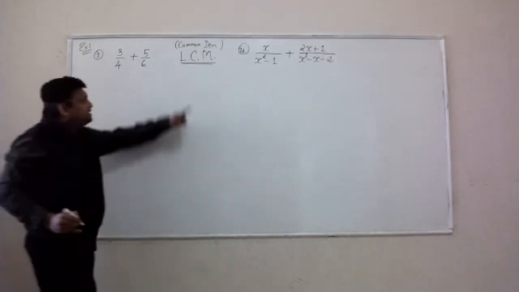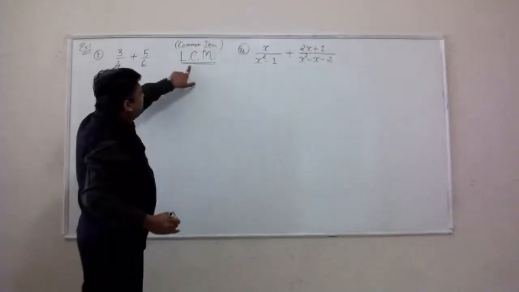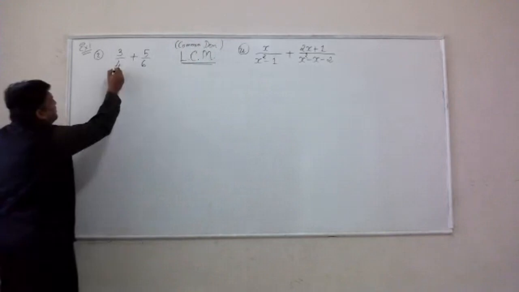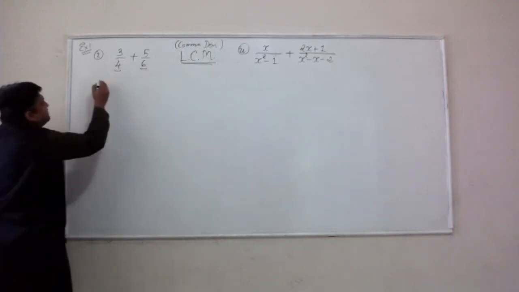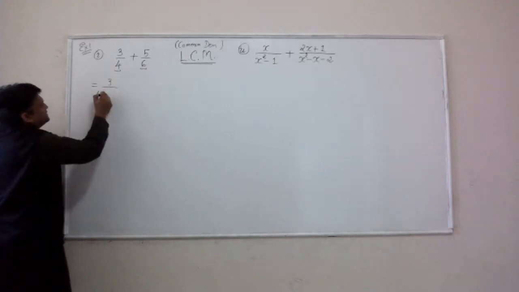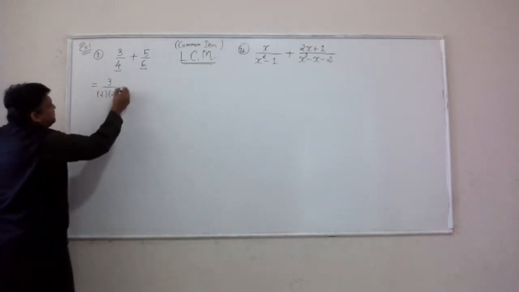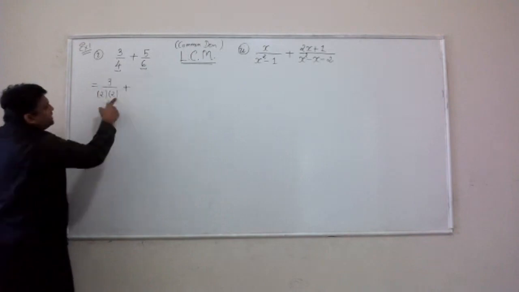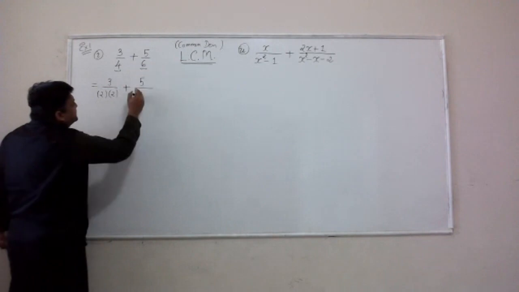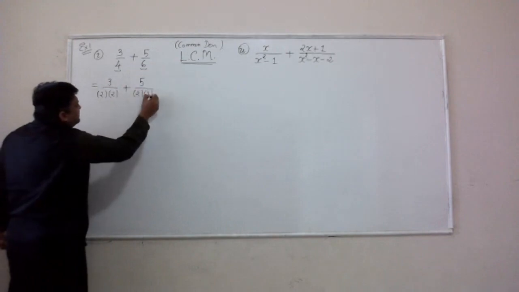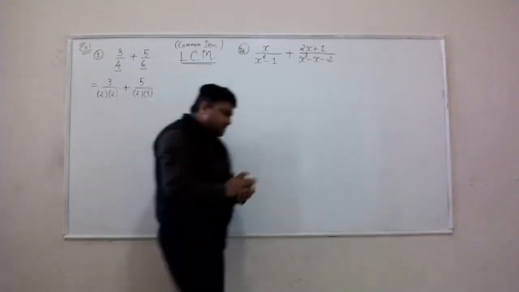In order to find the common denominator or least common multiple of these two entries, I am going to factorize them completely. All right, so I'm going to factorize 4 first. We know that the factorization of 4 is really 2 into 2. I would factorize that 6 as well, and its factorization would be 2 times 3.